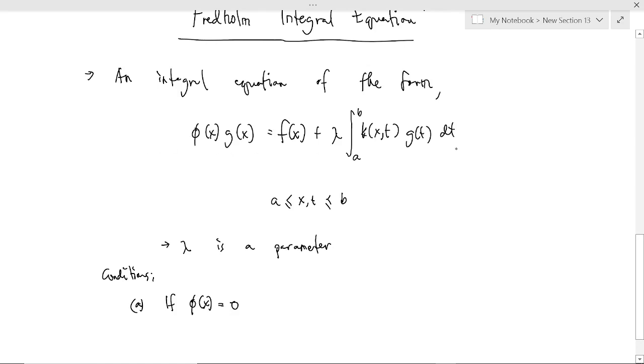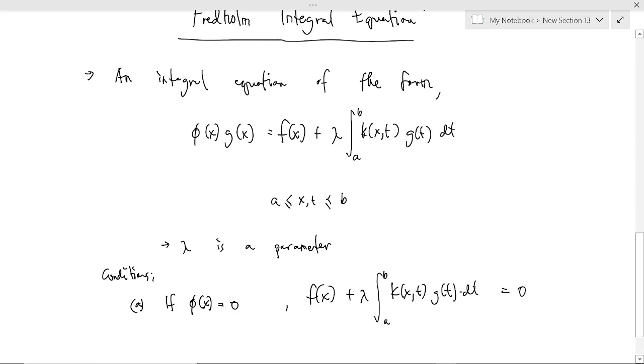Obviously everything on the left-hand side would be equal to 0, so what's left is f of x plus lambda times the integral of k(x,t) g(t) dt, which is of course equal to 0, and this is evaluated from a to b.